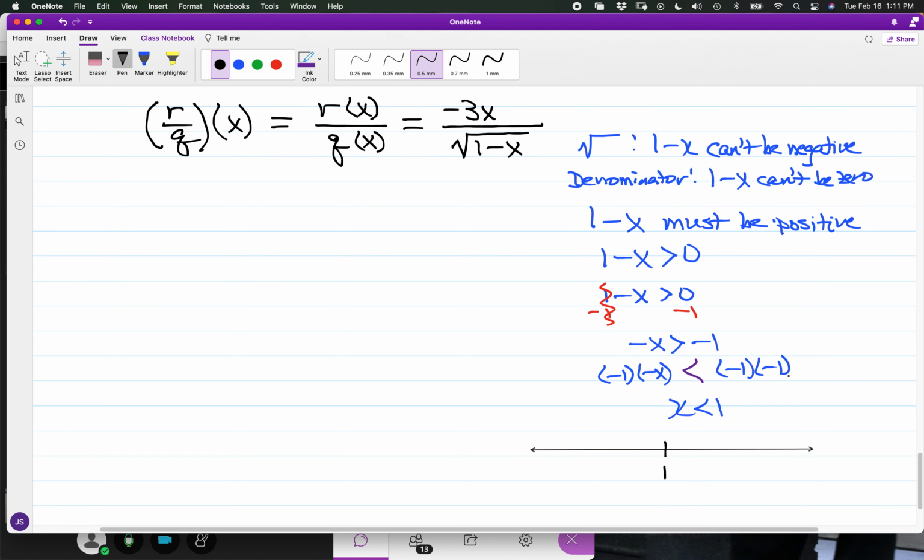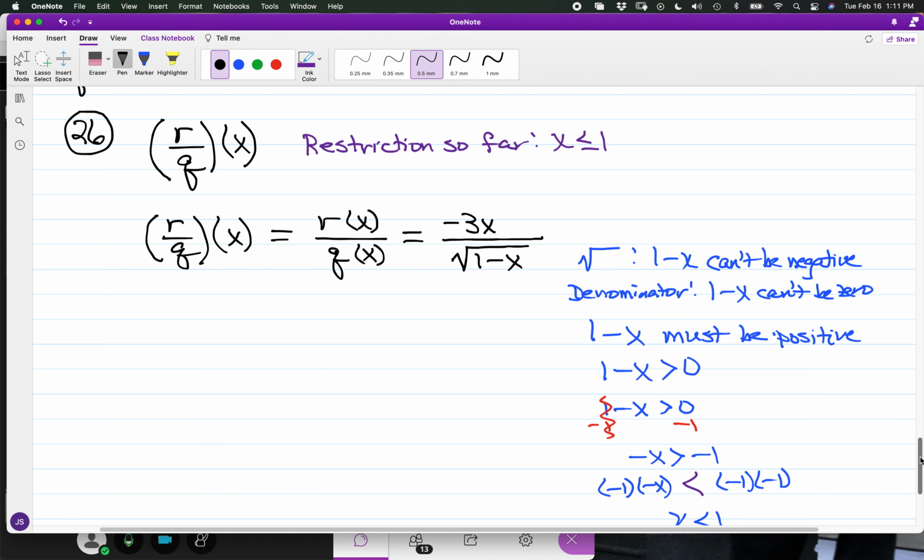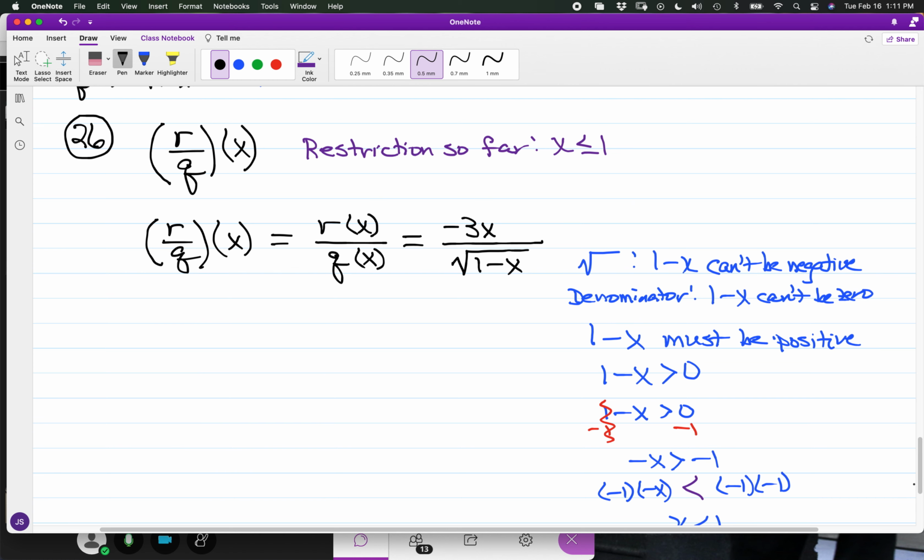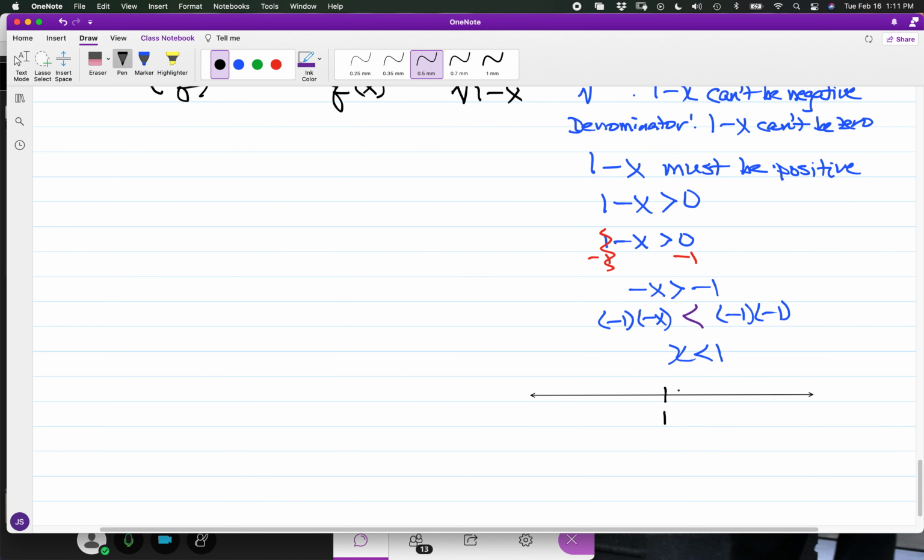Now we initially had the restriction to be x is less than or equal to 1. But after looking a little further, we have the restriction on R over Q of x to be x is less than 1.